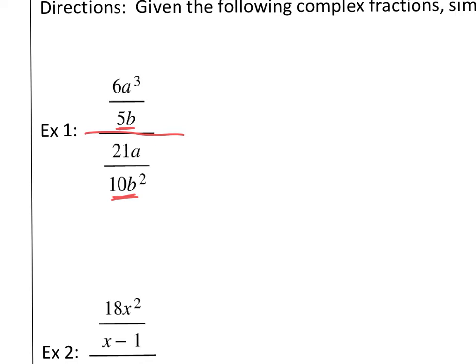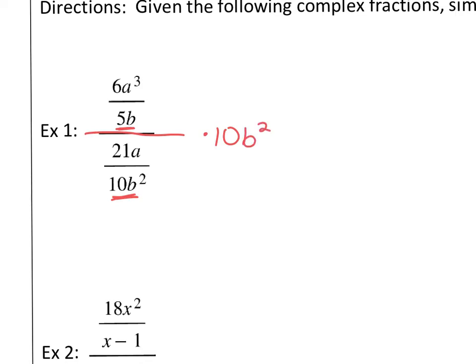So I've got 5b and 10b squared. What's something they will both go into? Will 10 go into 5? No, but will 5 go into 10? Yeah, so 10 is going to be the coefficient. Will b go into b squared? Will b squared go into b squared?